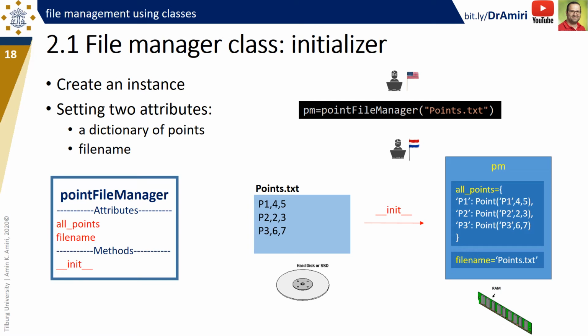Note that all_points is a dictionary that has a key and a value. The key is the ID of that point, which is P1, P2, or P3. And the value of that item is the class Point that we just created in the previous slides.